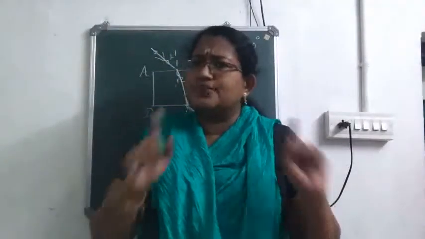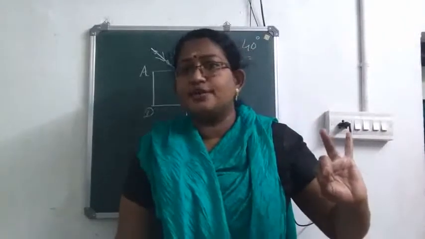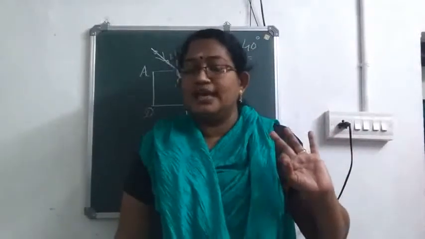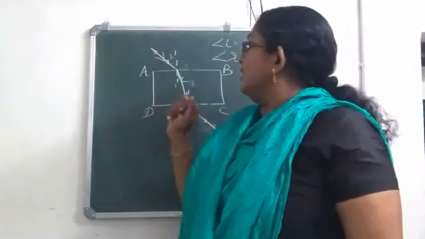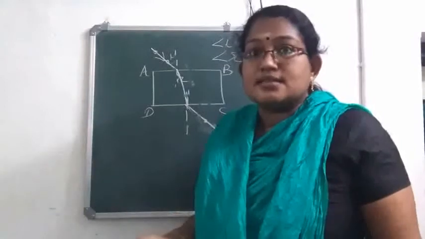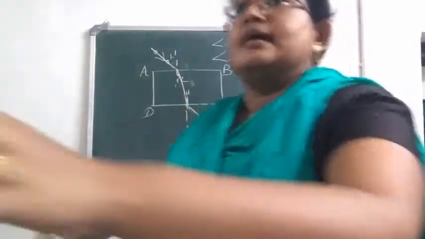Now, listen. What was our first law of refraction? Incident ray, refracted ray and the normal lie on the same plane. So are they on the same plane? Yes, isn't it? This is our incident ray. This is our refracted ray.